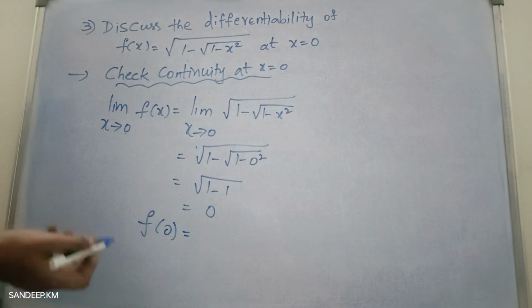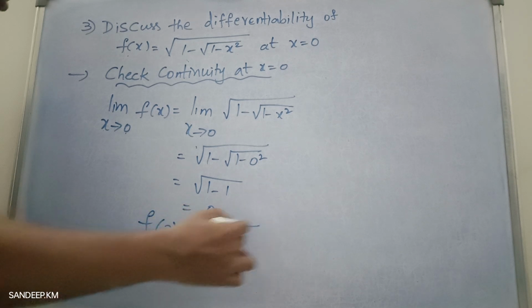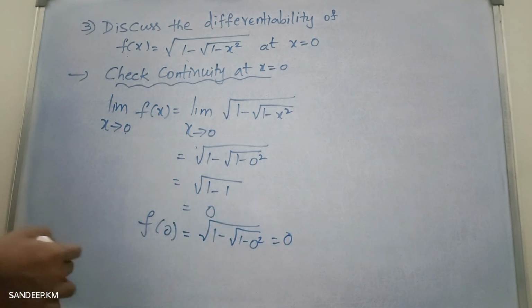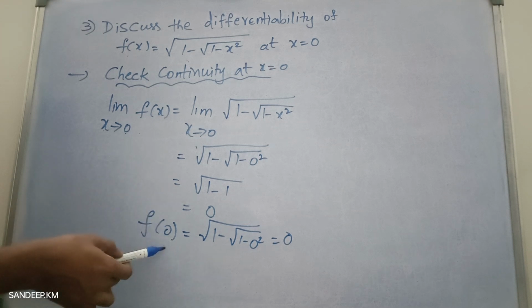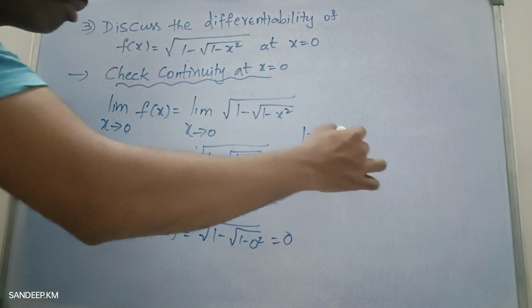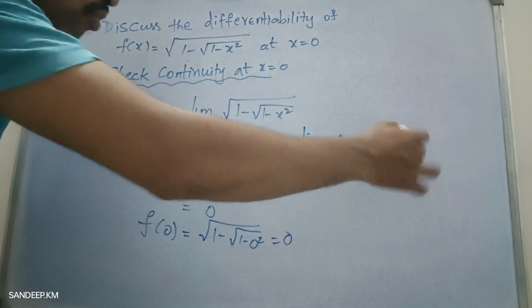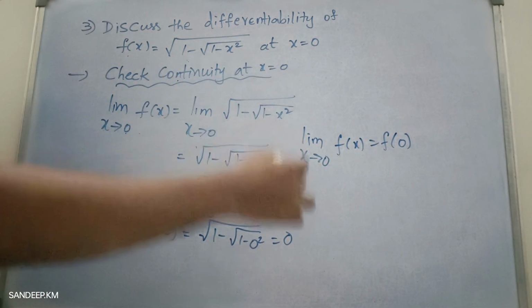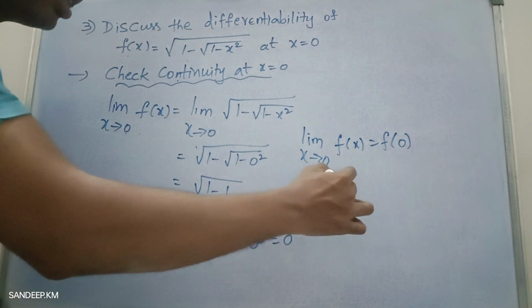Value of the function is also obviously the same thing, root over 1 minus root of 1 minus 0 square, which is equal to 0. So the limiting value of the function is equal to value of the function. For this reason, we can say that f of x is continuous at x is equal to 0.